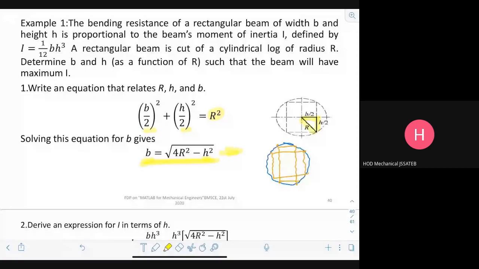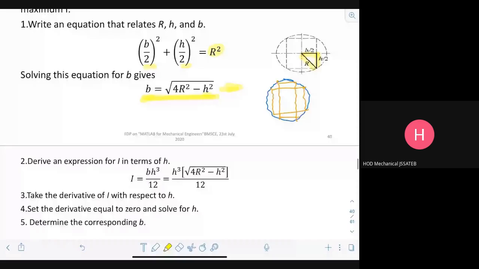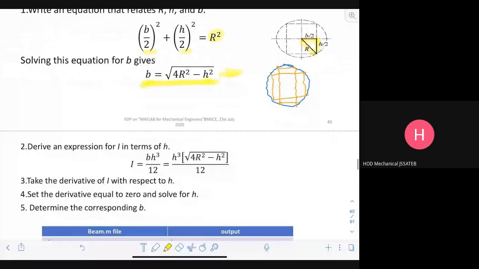Now, I need to write an expression for moment of inertia because I want to maximize I, extremize I. Therefore, from fundamentals, I is equal to bh cube by 12. And remember, I have made b a dependent variable. Therefore, I'm writing this expression in terms of h.